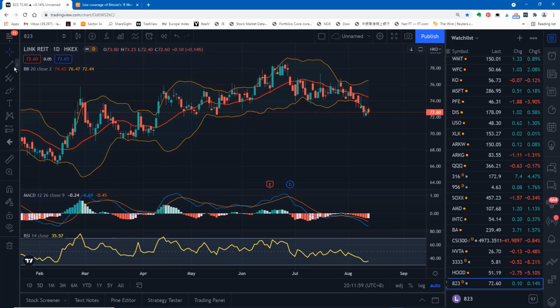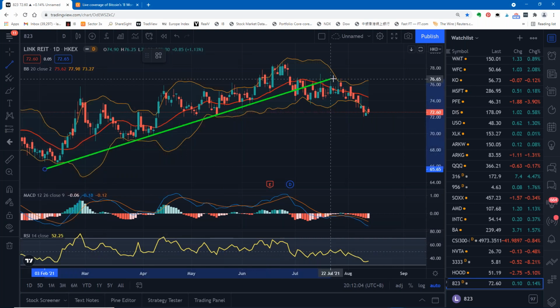It was in an uptrend here, but currently it has just crossed below this uptrend. This is a real estate investment trust. It is all about shopping malls and car parks in Hong Kong, and you can see the environment is not very good.